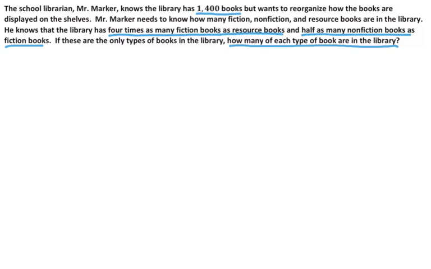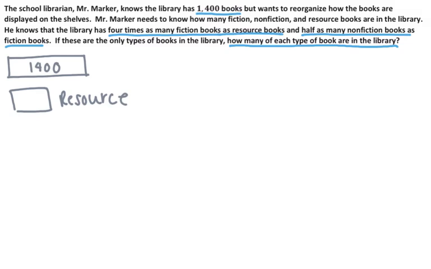The first thing we're going to do is draw a tape diagram to represent the total number of books in the library. So I'm going to draw our tape diagram, and inside it's going to have 1,400 because the library has 1,400 books. Next, I'm going to draw a tape diagram to represent the resource books, and that's just going to be one little box, and this is resource.